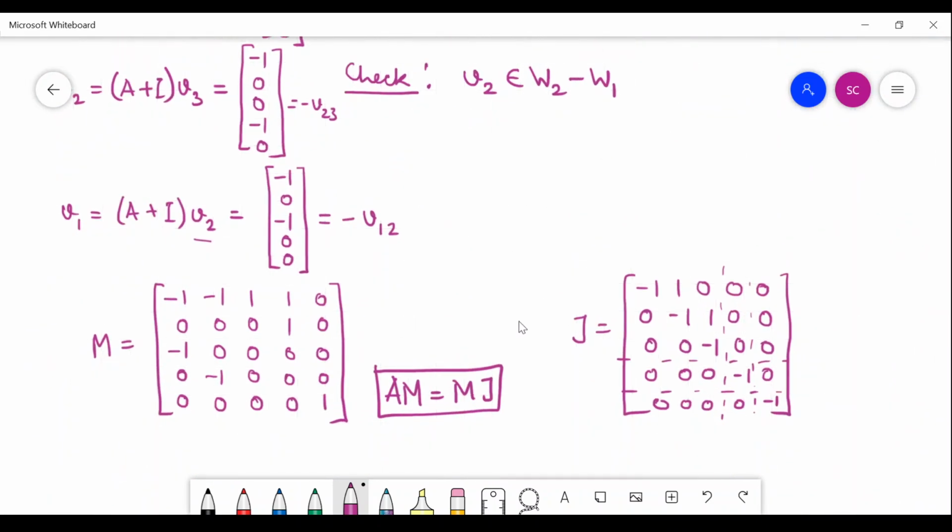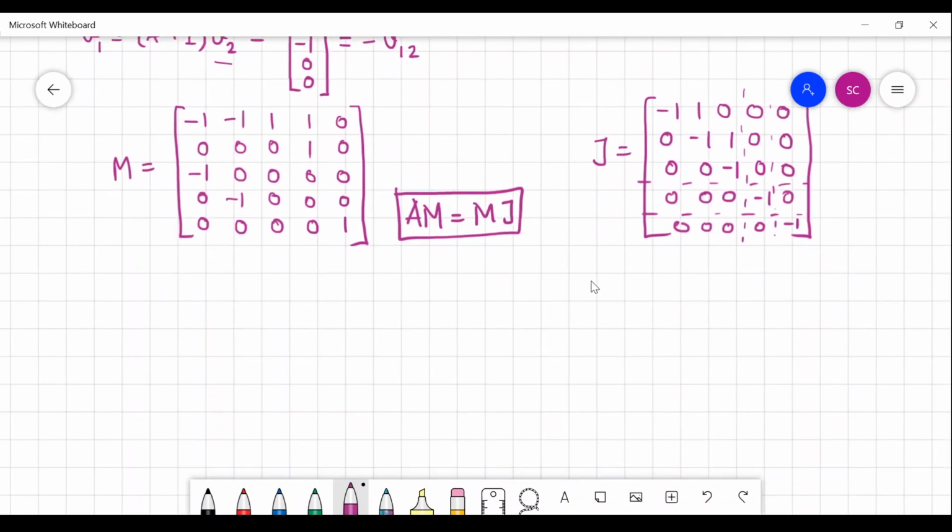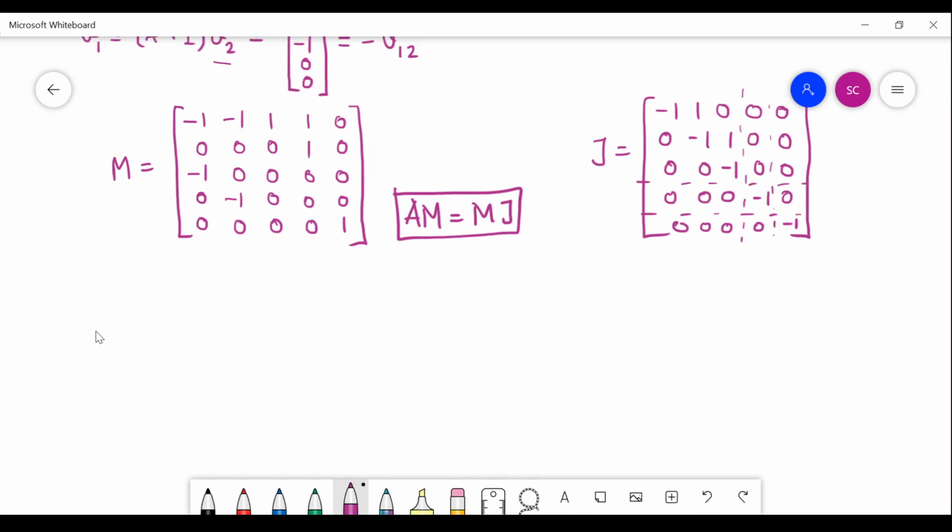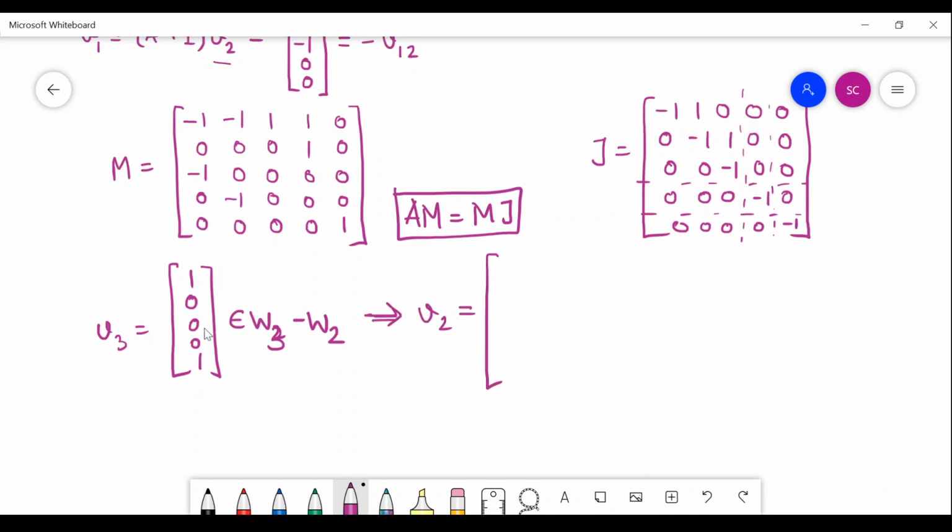So I urge you to just play this game. You take your V3 as 1 0 0 0 1. This is also not in W2 but in W3, and that would actually give you V2. It is first column plus last column, so it will give you again the same thing. Why? Because the last column of A plus I is all zeros. So that's why this is becoming possible.